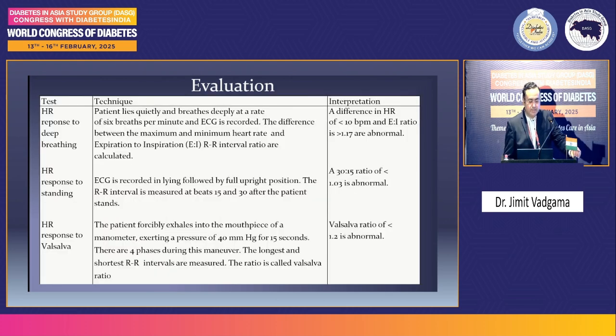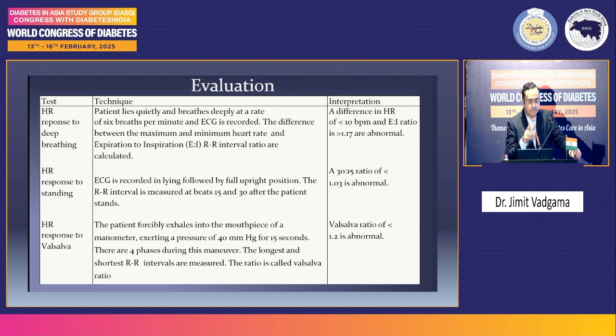So for heart rate response, you need either dedicated machines, but if your institute has an ECG machine with live reading, where ECG is continuously shown on the screen along with the RR intervals, you can use these. So in simple words, the patient lies down and takes very slow and deep breathing, 6 breaths per minute.